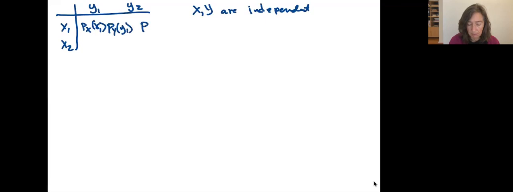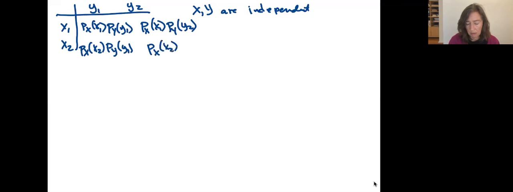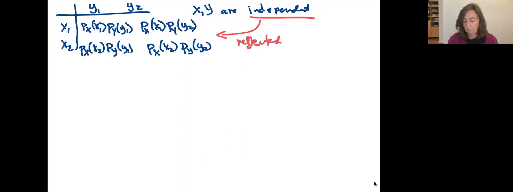Here we have the probability X equals X1 and the probability Y equals Y2, the probability that X is X2 and Y is Y1, and the probability that X is X2 and the probability that Y is Y2 here. So this is reflected in the PMF, where the probability of x, y equals the probability of x times the probability of y.